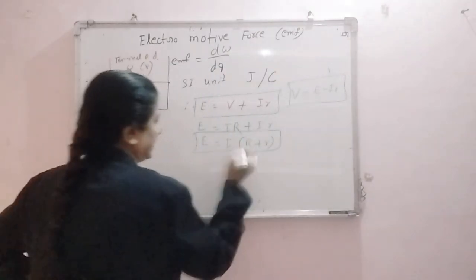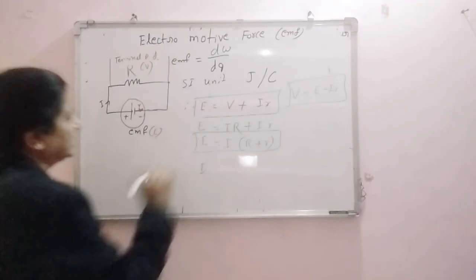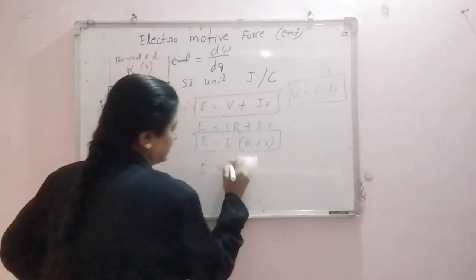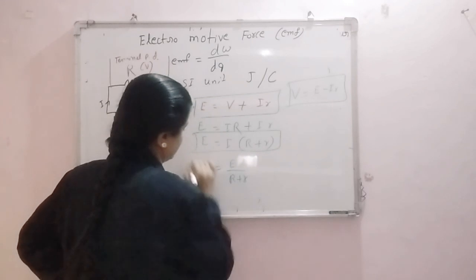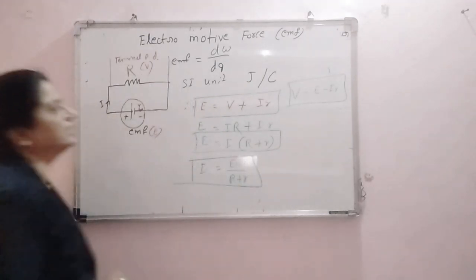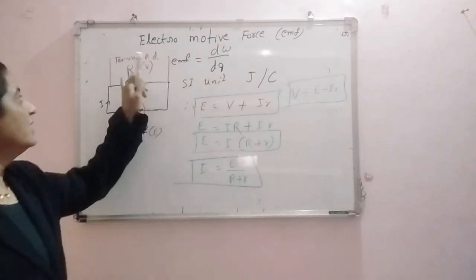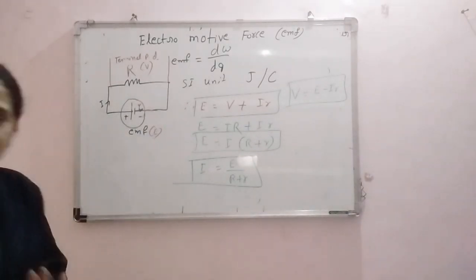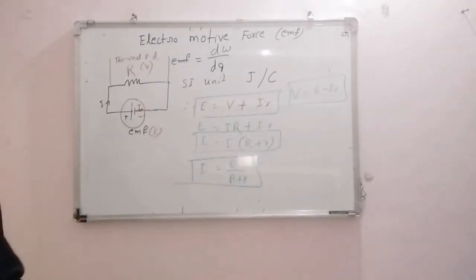Or we can find the current flowing through the circuit: I is equal to EMF E upon (R plus small r). These are the equations to find the terminal potential difference, EMF, and current flowing through the circuit. This is about the electromotive force.